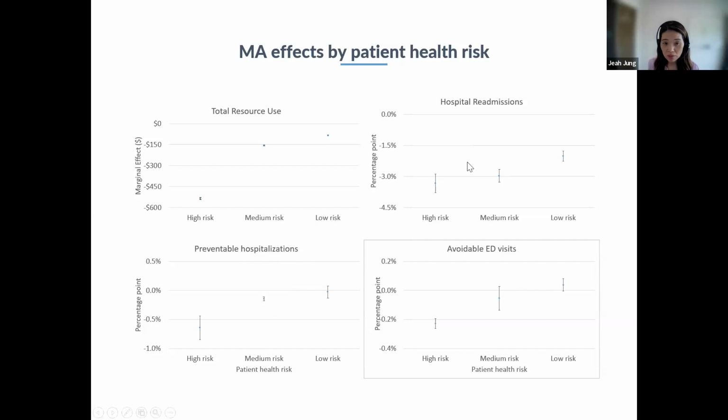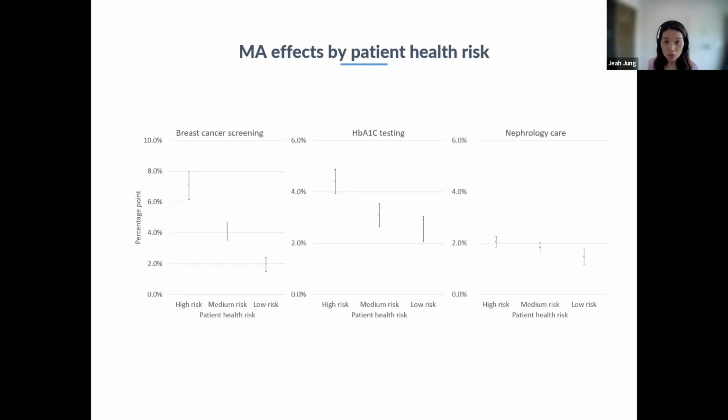This is suggestive that the larger reduction in cost among high-risk patients in MA may not necessarily sacrifice quality of care for those patients. And when we looked at recommended service use, we also see an even larger increase in use of recommended services among high-risk patients.